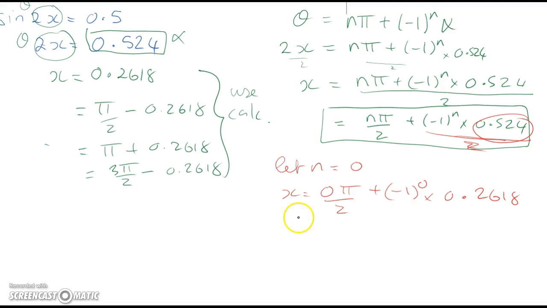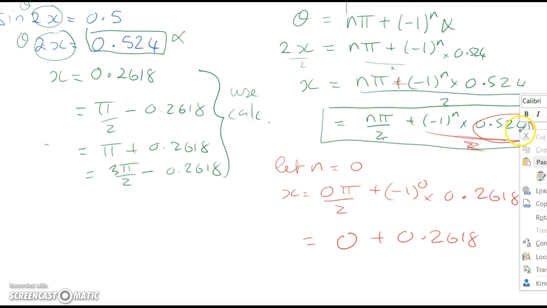So that's going to equal 0 plus negative 1 to the 0 is just 1. 1 times 0.2618. So are you happy that when this whole thing is divided by 2, there's a plus sign there, so that can be written over 2, and that also has to be written over 2. So when 0.524 is divided by 2, we get 0.2618.